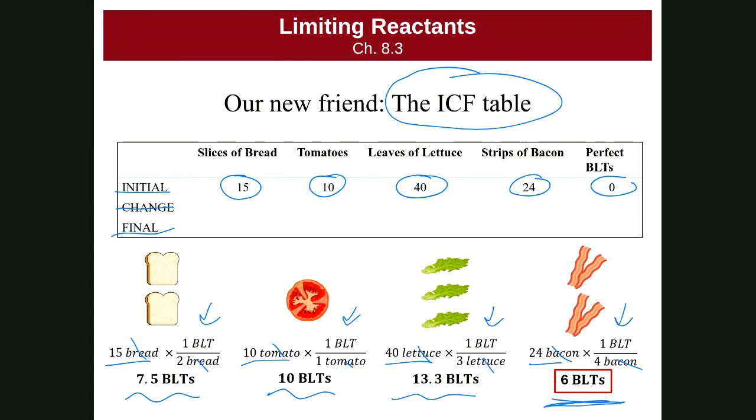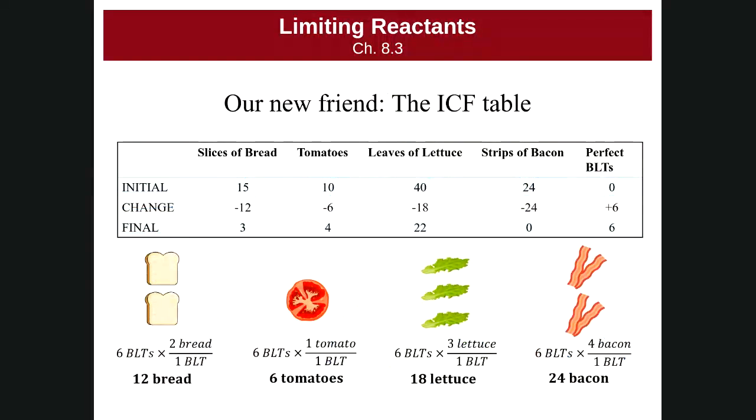So what we're going to do next is fill out the rest of our ICF table. So the change, we're going to calculate the change based on the amount of BLTs we can make with bacon. So we use up all of our bacon and we don't have any left to make 6 perfect BLTs. So now we reverse our ingredient ratios to find out how much of each ingredient we use to make 6 BLTs.